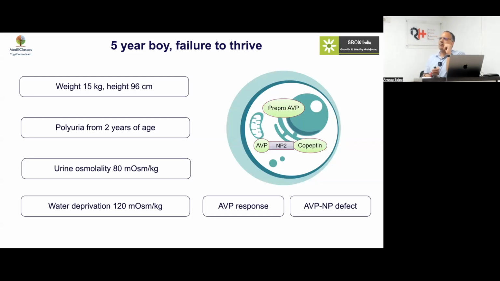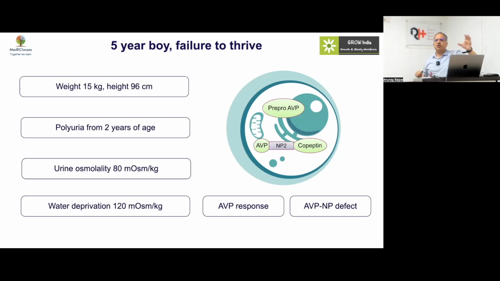Now, why does neurophysin defect result in a two-hit model? So initially there is a formation of defective neurophysin, and accumulation of those defective neurophysin causes further disruptions. Yes. So neurophysin is not just an associated protein. It has a very, very important role. It allows the vasopressin to be folded properly in the vesicle.